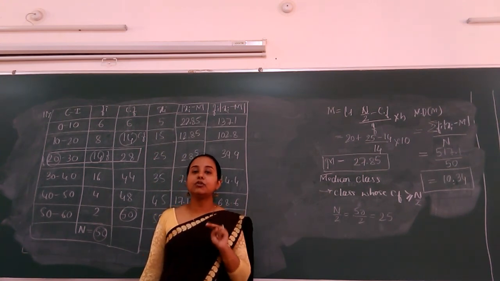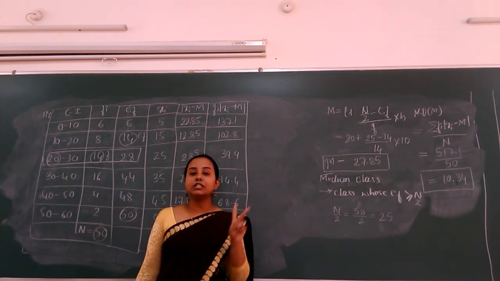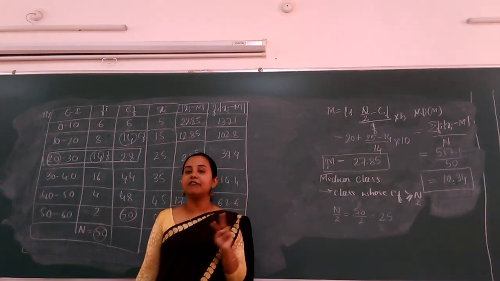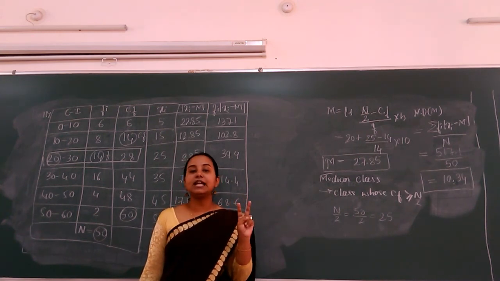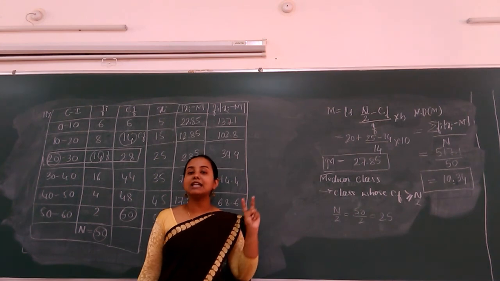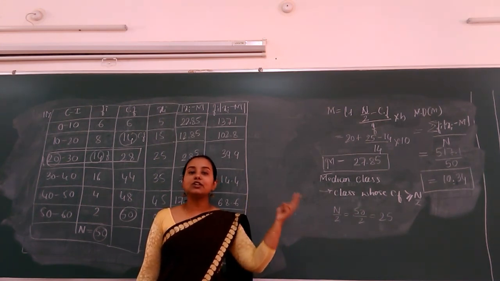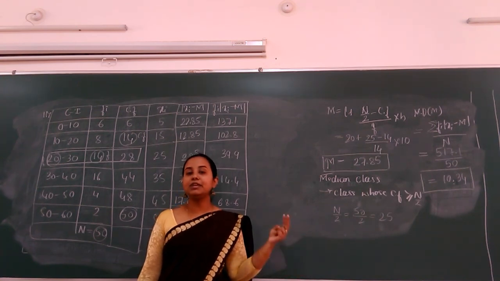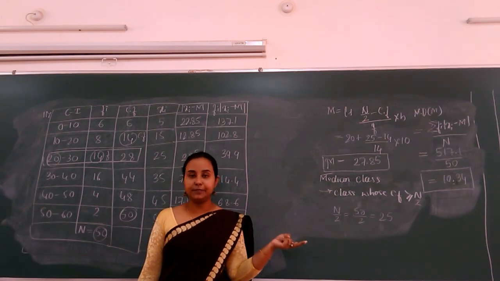The general way to find the mean is the sum of all observations divided by total observations. But what was special in the case of mean is the step deviation method, where large values can be converted to d_i so as to calculate the mean, and the mean formula also changes with the assumed mean.